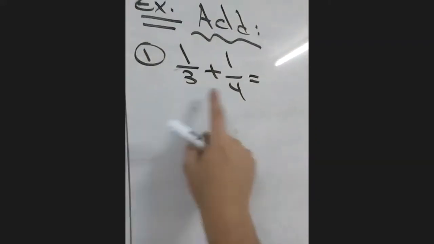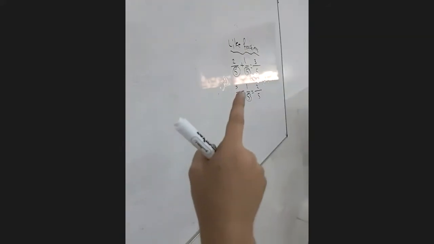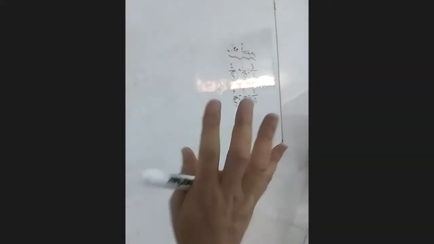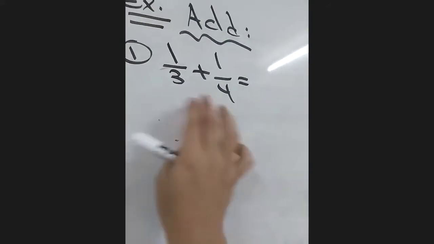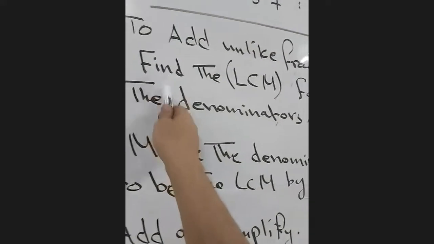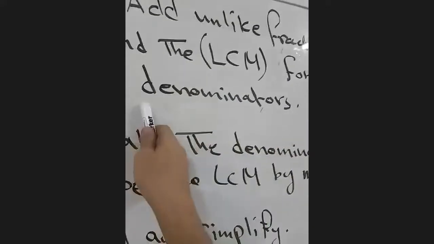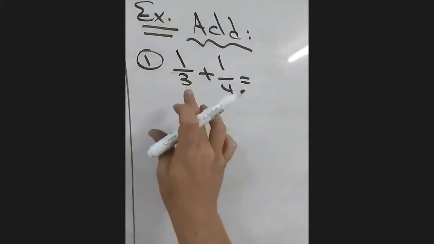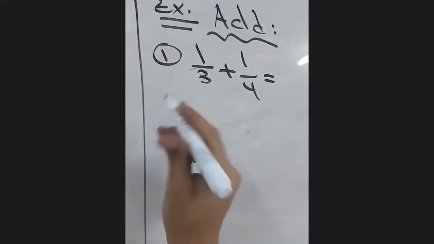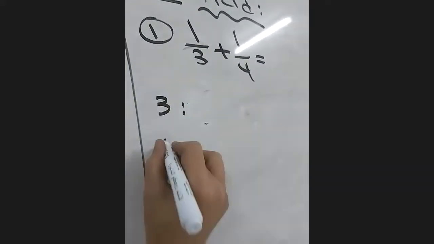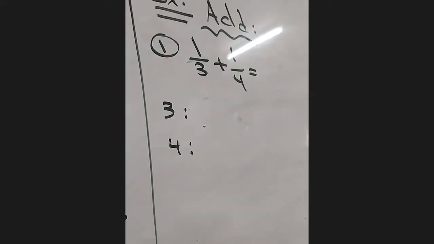Here we have different denominators, not like. Focus, guys. These are different denominators. So the first step, we find the least common multiple for the denominators. So I will go to the denominators 3 and 4 and find their least common multiple. Remember, we did that before.